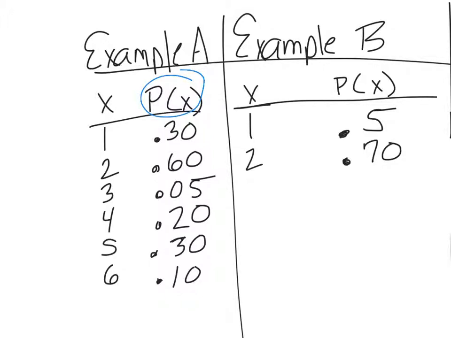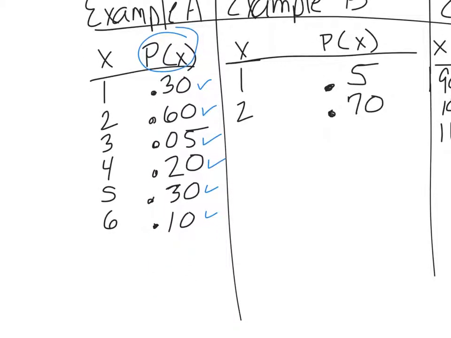So the first thing I need to look for again are these probabilities all between 0 and 1. That one is, yep, and yep. Okay, all those decimals are somewhere between 0 and no bigger than 1. So step 1, mission accomplished. The second thing that has to happen is that these are all the individual probabilities of each of these events happening.